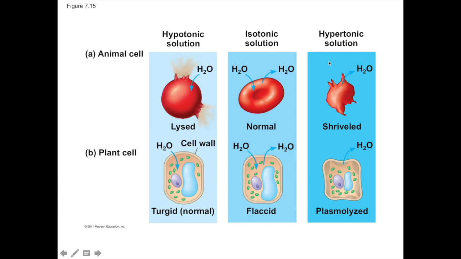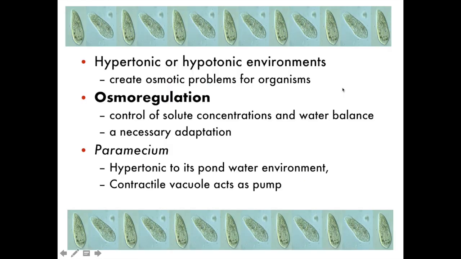So whenever you have hypo and hypertonic, it's always relative to the other side of the membrane. So here, if we put a red blood cell into a hypertonic solution, the inside of the red blood cell is hypotonic. So what's going to happen? That red blood cell is going to try and dilute the more concentrated solution around it, and that's going to draw water out, and it's going to shrivel.